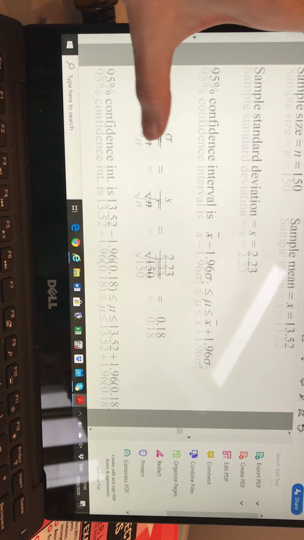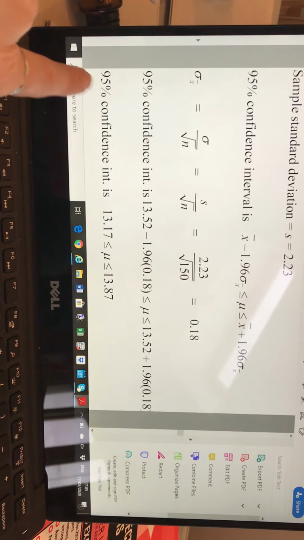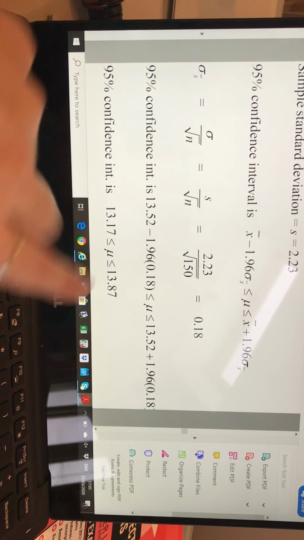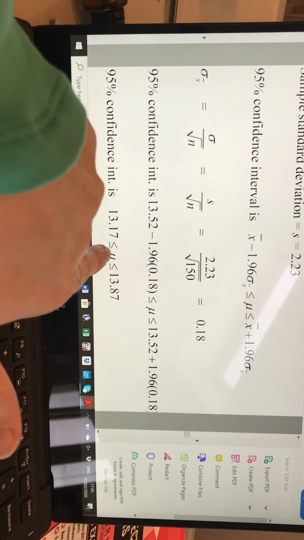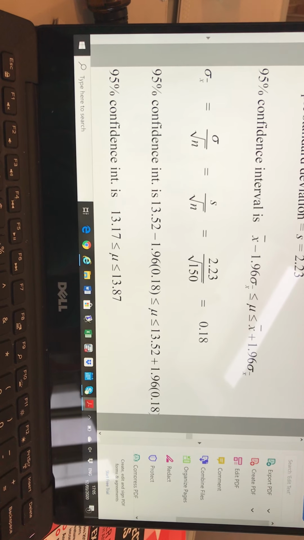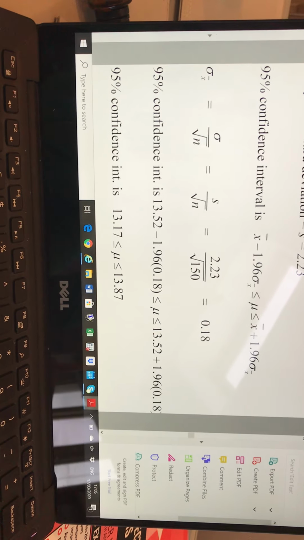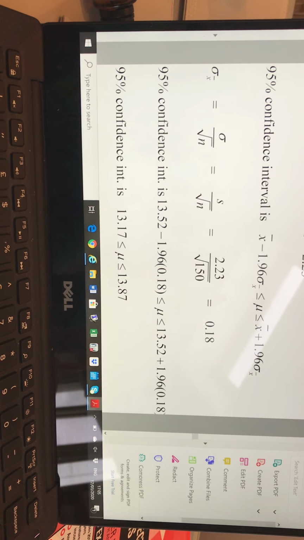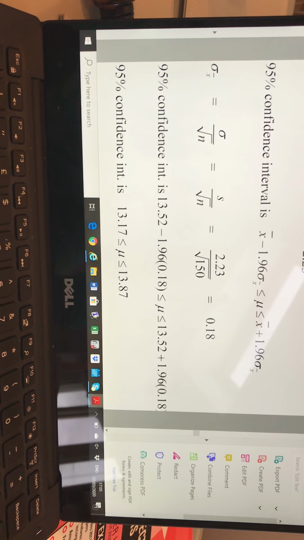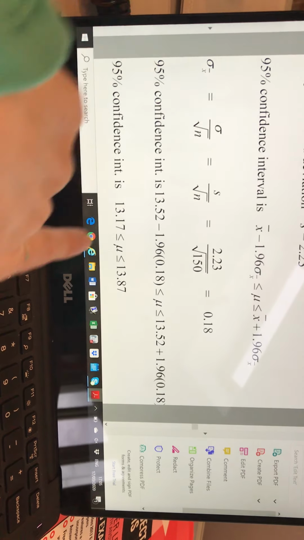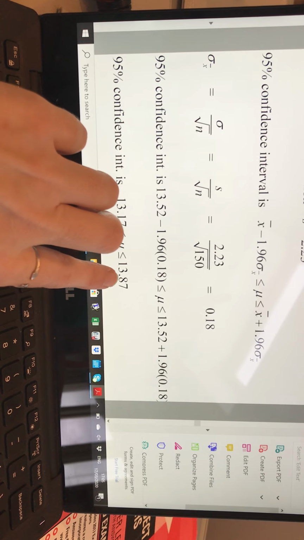That doesn't mean you're absolutely correct, but we have a 95% confidence interval. We're not like the guy on the TV that Garfield is watching. It's not 100%, so we're not 100% confident that mu will lie in between, but we are 95% confident that mu will lie between these two.